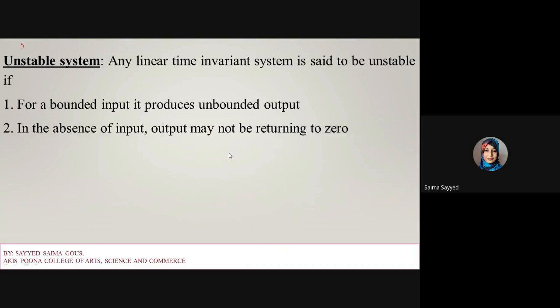Then, in the absence of input, the output may not return to zero. When the input is absent, if there is no input and the output is not returning to zero, then this is called an unstable system. So here the poles are on the right side of the S plane. This system is said to be an unstable system.